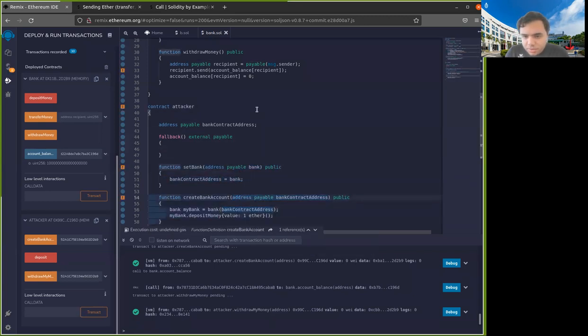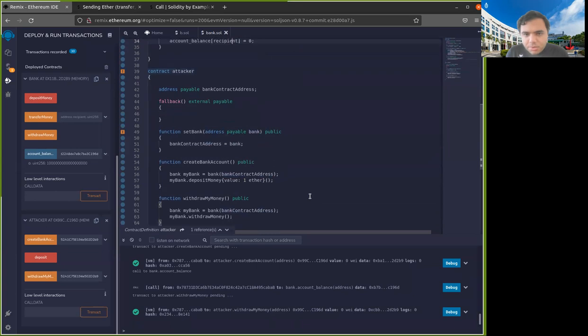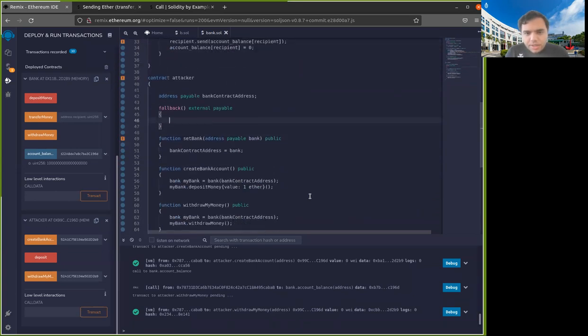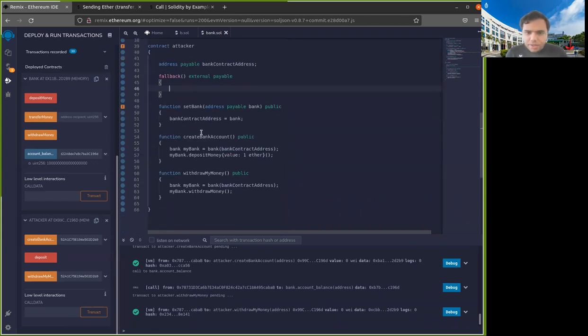Okay, so I don't want to just pass this as an argument every time. I just want to set it once, and then I'm able to work with it. Okay. So in my fallback, what I can do is call the bank again. So I can say my bank is again a bank at this contract address. Actually, I can even put this here.